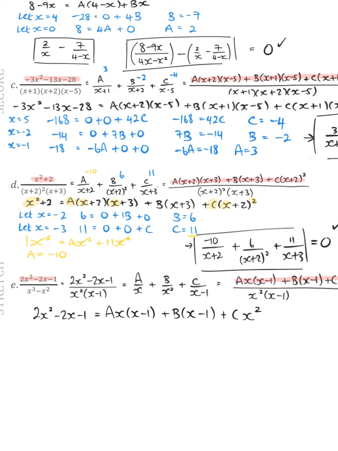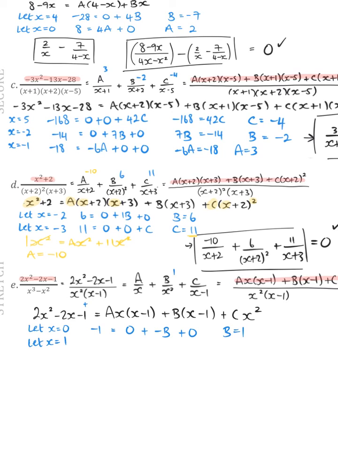Okay, so starting with, I'm going to let x equal 0. So 0 store x. Then I'm putting in this. So minus 1 equals 0 plus minus b plus 0. So b equals 1. Then I'm going to let x equal 1.